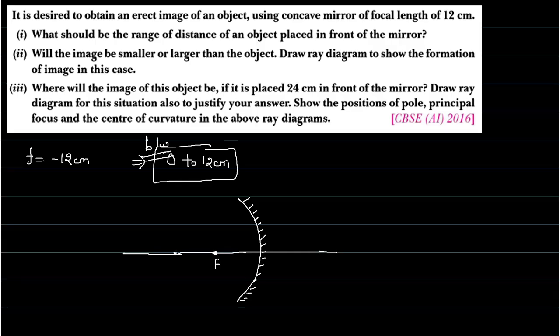Focus is here, center of curvature is here. You are keeping the object here. So definitely the image will also be here. So first draw the image.